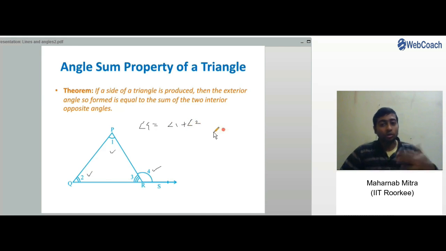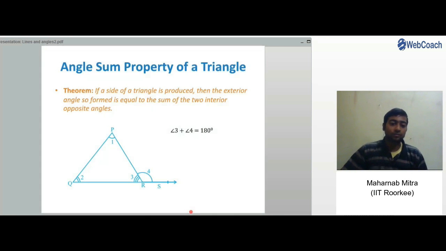I think you also know this, but still let us prove this theorem so that you get to understand why this statement is always correct. So we know angle 3 plus angle 4 must equal 180 degrees because they are lying on the same line QRS, right?